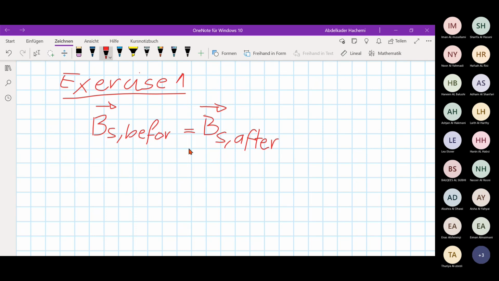Now what we have here, we know that B is only the mass multiplied by the velocity.